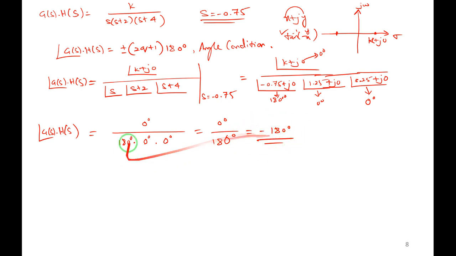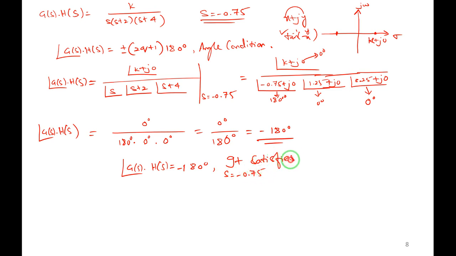Yes, it satisfies the angle condition, because the angle condition is plus or minus odd multiple of 180 degree. I am getting minus 180 degree. So angle of g of s into h of s equals minus 180 degree. It satisfies the angle condition, which means the point S equal to minus 0.75 satisfies the angle condition.